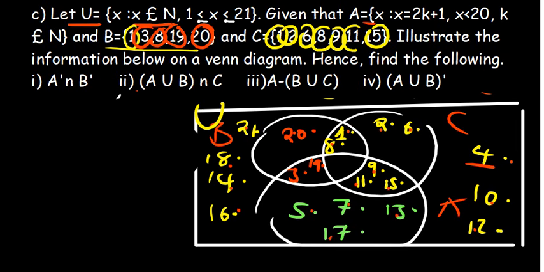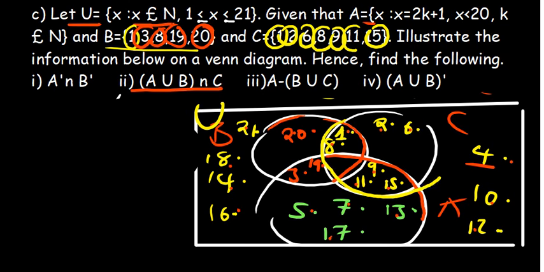Moving to the second part. The second part is telling us A union B intersection C. So you look at the elements that are in A union B and are also in C. When you talk about A union B, you're trying to combine the entire region of B with the entire region of A. Now, those elements should also be part of C. So whatever I've shaded there, the red lines are trying to show the entire region that is part of A and B. Now, intersection C, so including the part of C, which is this one.